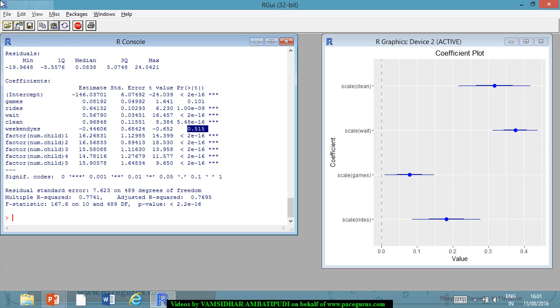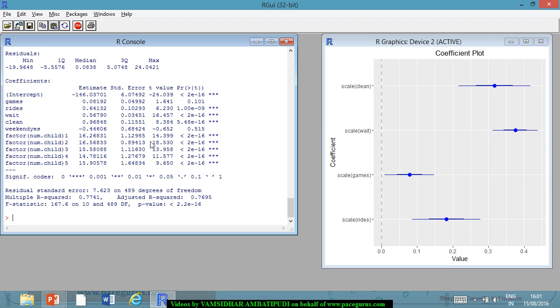But yes, the number of children that are visiting, they are able to influence the overall satisfaction. So compared to the people who are visiting with no children, the overall satisfaction is higher even if one child is there, two children are there, and up to 5 children. But there's not too much of a difference between one child versus two, three, or four children. But at least there is a significant difference with respect to no children visiting the park.